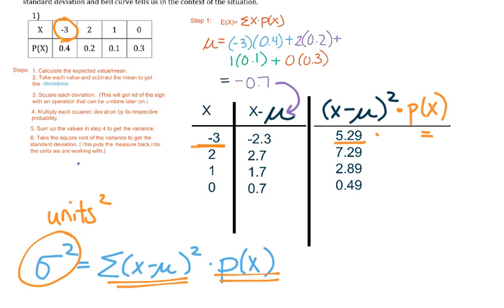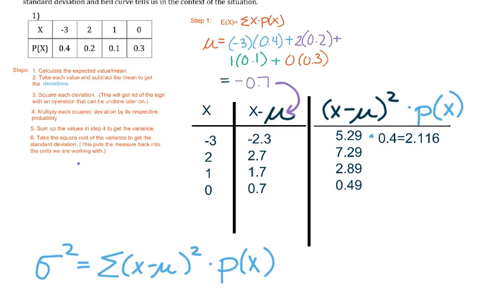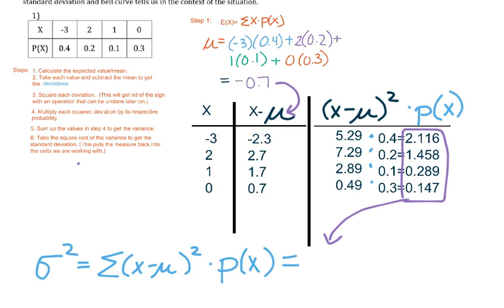So its respective probability of the deviation squared of -3 would be 0.4. The probability of 2 was 0.2. So remember that you're finding the respective probability of the x values when you are multiplying your probabilities. So we calculate each of these out and get values for them.